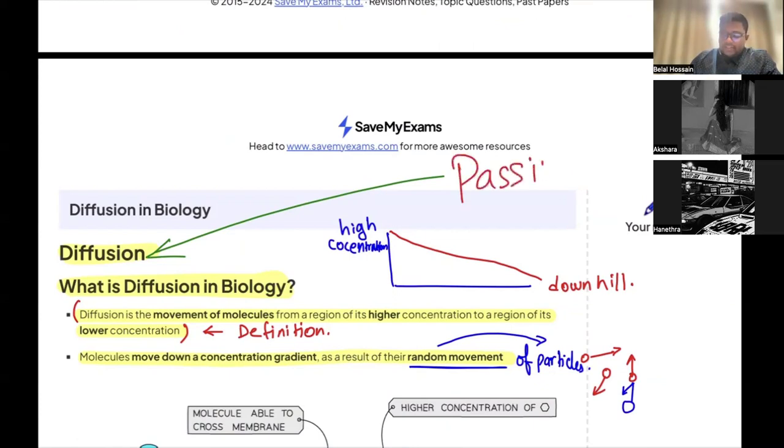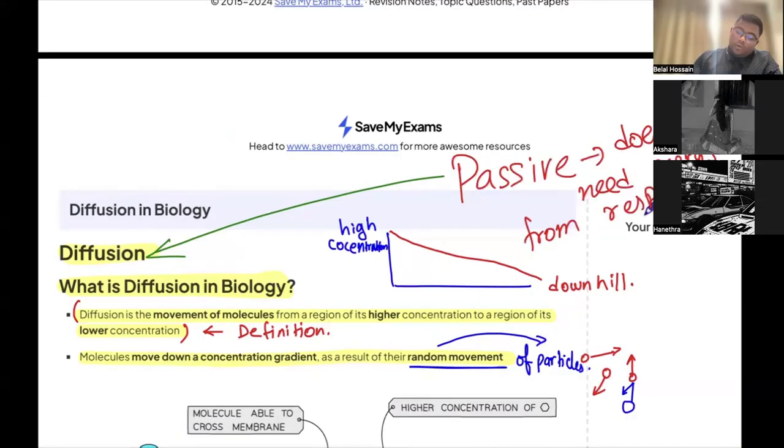It does not need energy. Diffusion is a passive process, does not need energy from respiration. Active needs energy.